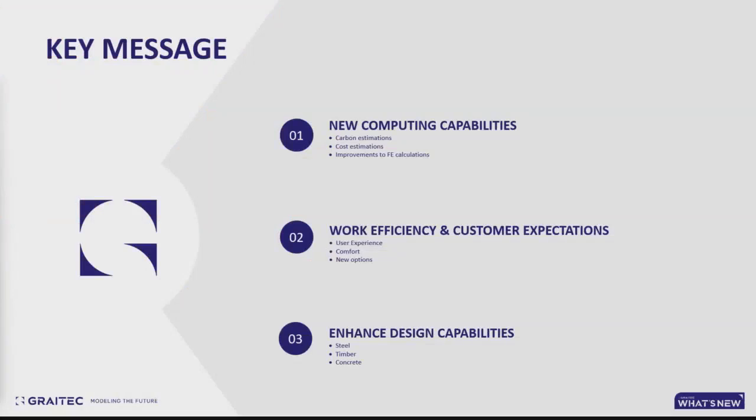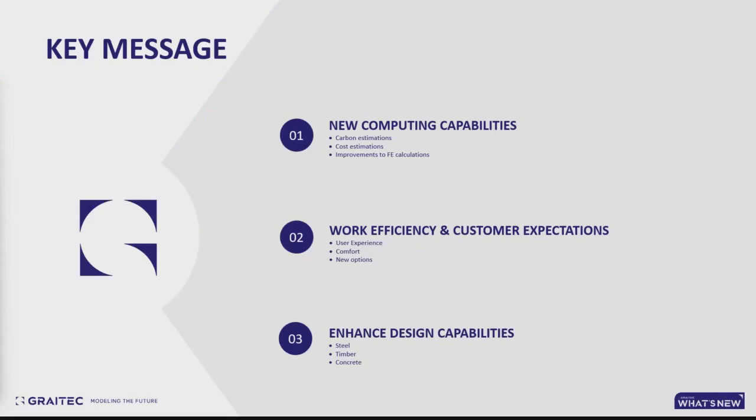This version of Advanced Design is driven by three pillars. New computing capabilities. This includes calculation of carbon emission, estimation of costs, and improvements to the finite element calculations. The second pillar was to increase the efficiency and meet customer expectations.